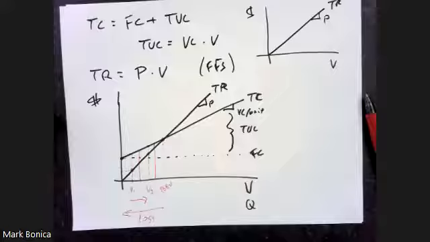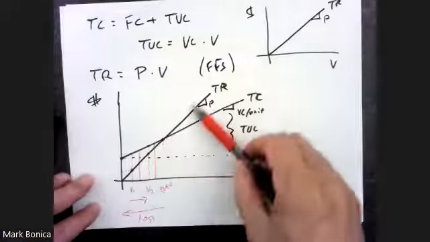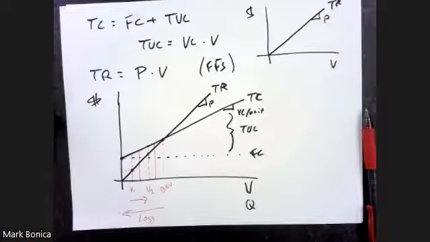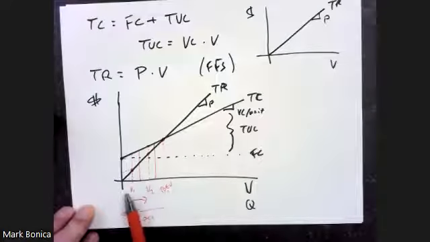And you can just look at that and ask, which line is on top? Is the total cost line on top or is the total revenue line on top? Everything to the left of the break-even point, the total cost curve is above the total revenue curve, which means that for any one of these volumes, the total cost number is greater than the total revenue number. And so we have a loss, we have a negative profit.